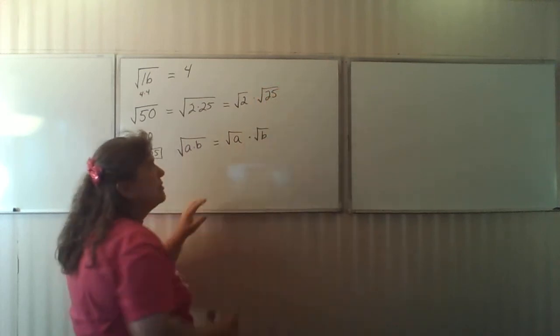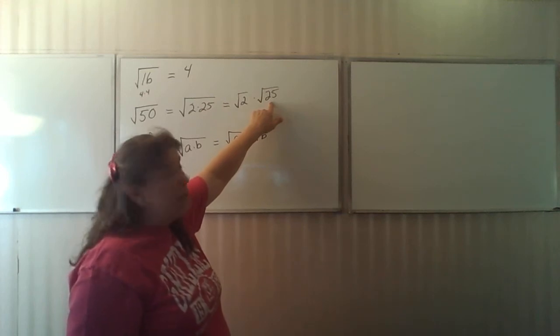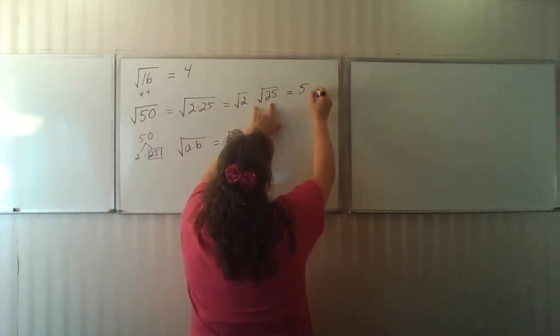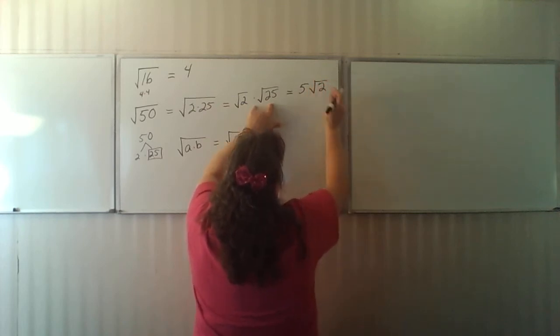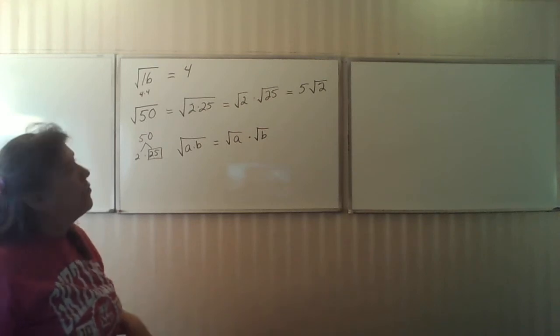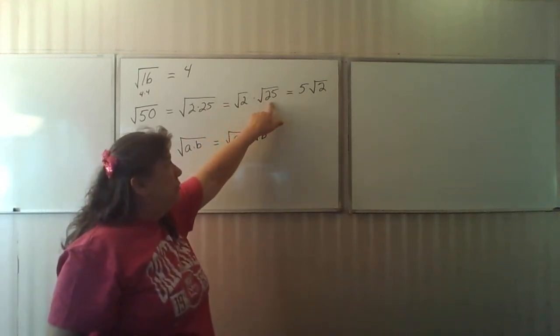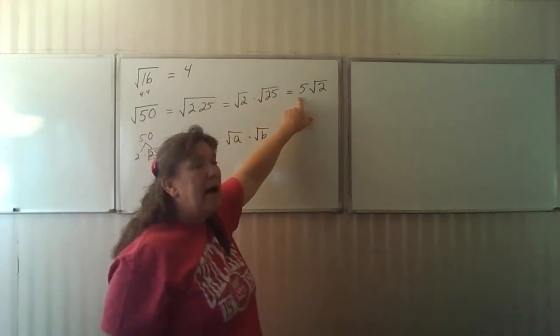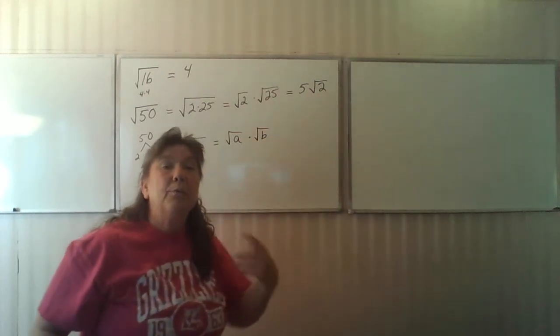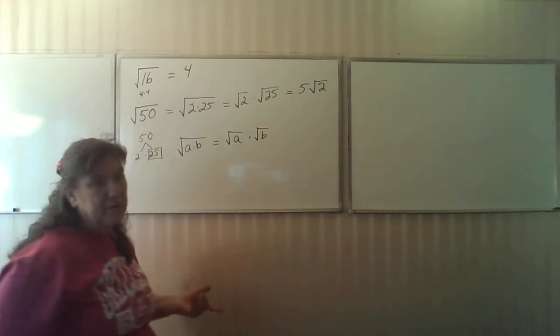And you know the square root of 25 is equal to 5, so this is equal to 5 times the square root of 2. I changed the order, and that's possible. You can always change your order. And so this produces a whole number, which is your 5, and it still multiplies the radical 2, which is irrational and does not simplify.